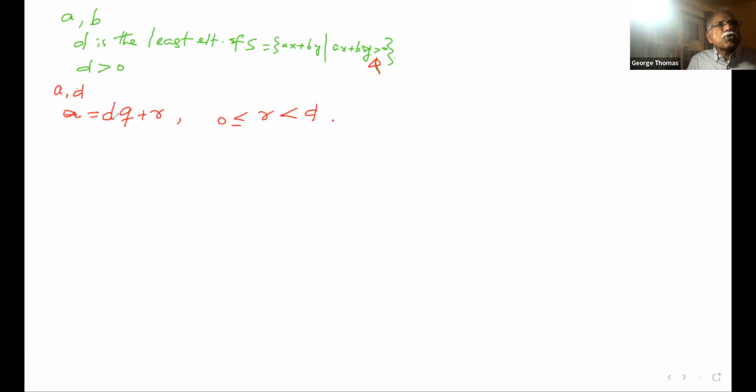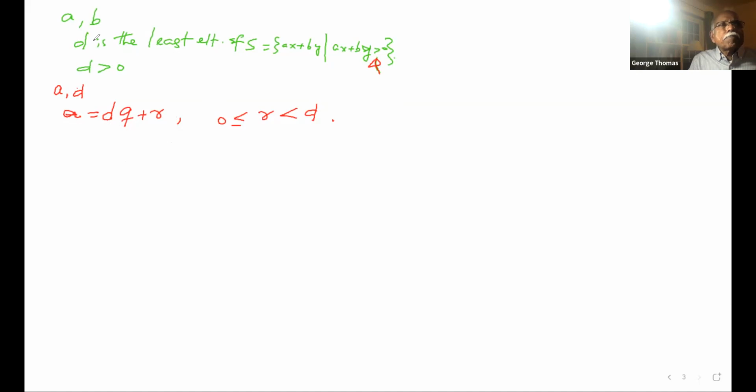Even if A is 0, we can write it like that. What theorem allows us to write A like this? Did you learn that theorem in the last class? Yes, that is the division theorem.